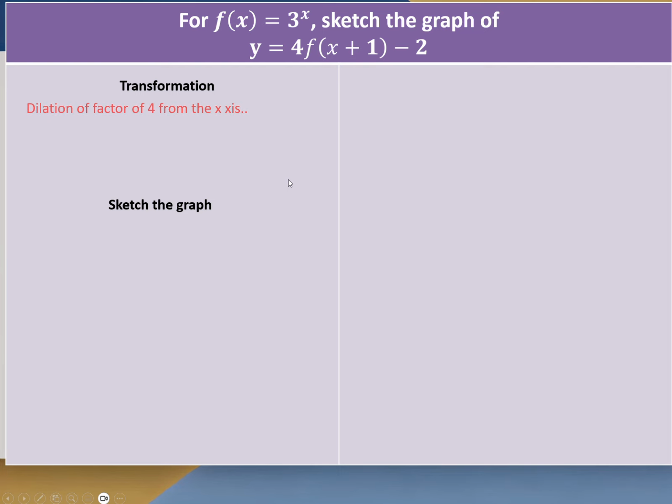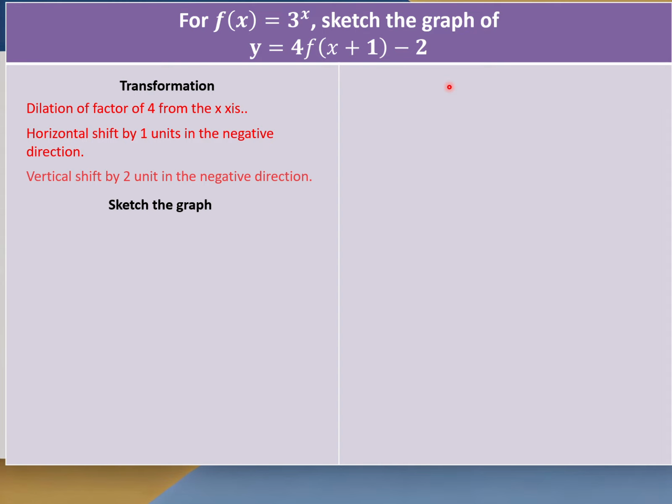That dilation of 4 is from the x-axis. The next thing that we have is a horizontal shift of 1 unit in the negative direction of the x-axis. And we've got this -2 here, which is the vertical shift down by 2 units.